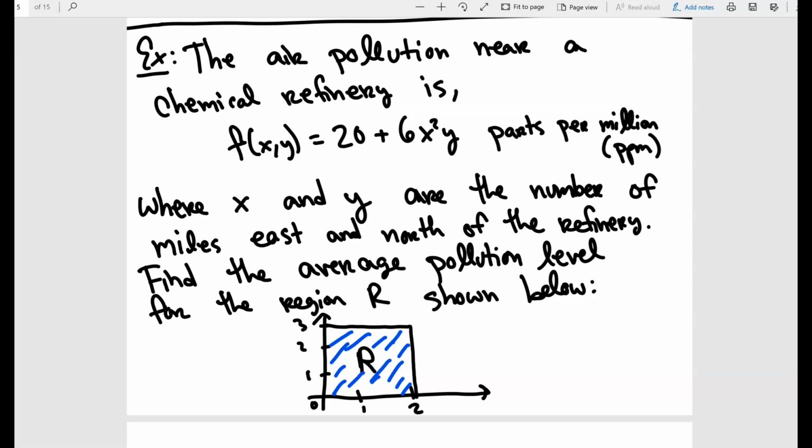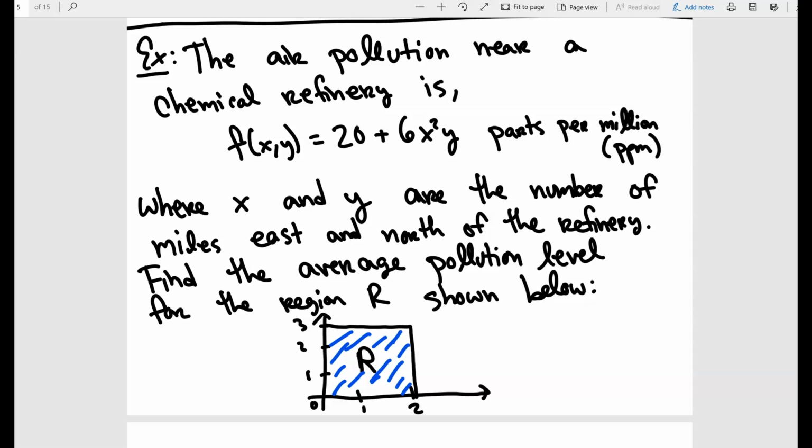The air pollution near a chemical refinery is given by the function f of x comma y is equal to 20 plus 6x squared y parts per million, which we call ppm, where x and y are the number of miles east and north of the refinery. Find the average pollution level for the region R shown below.